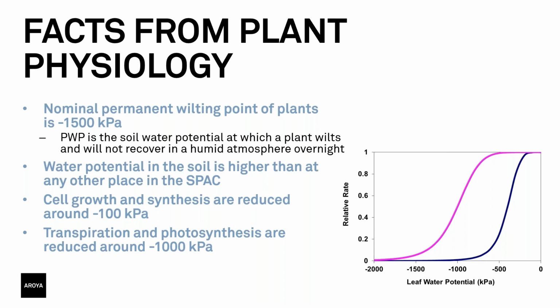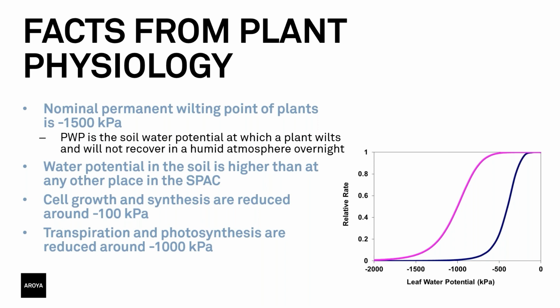And that became known as the permanent wilting point. I want you to note that plants don't die at that point, they just wilt. Species differ in their actual lower limit of available water, but the minus 1500 kilopascal permanent wilting point still serves as a nominal lower limit for available water.